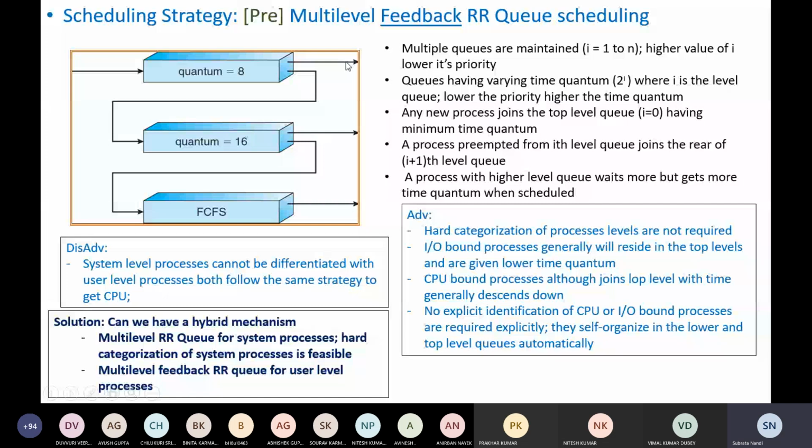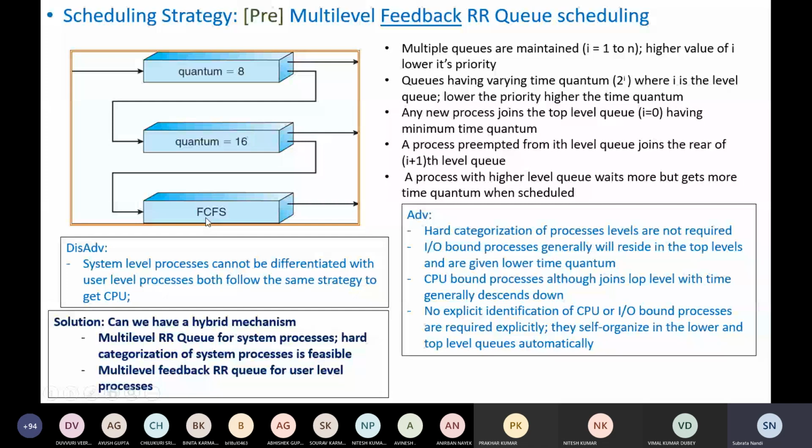And if after this gets empty, you again get a chance to get the CPU and you are preempted, that means you require some more time. So you tend to be a CPU bound job, so you should be pushed to the lowest level queue, having the least priority. So if you demand more CPU, you start from the top, but you gradually descend down and down, and actually you accumulate in the bottommost level.